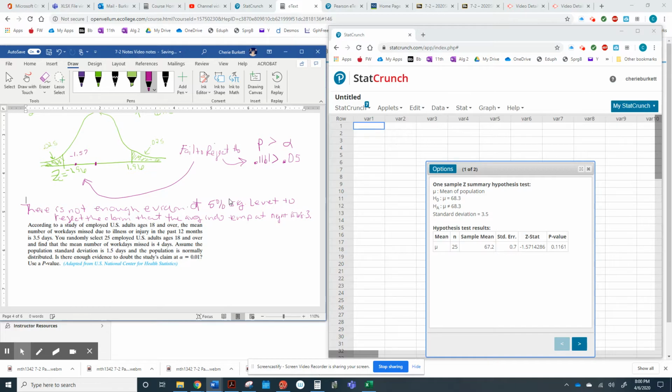So that would be the conclusion. There is not enough evidence at the 5% significance level to reject the claim. So some of you might be picking up on the fact that if there's not enough evidence to reject it, then that means that we can support it. Now, some people are going to argue that that's not the same thing.